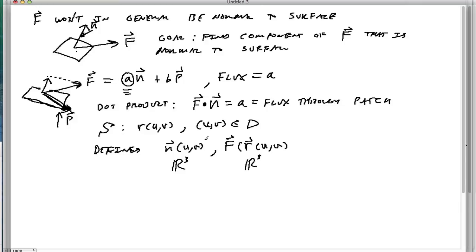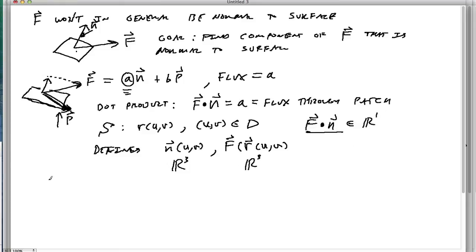But when we dot them together, F dot N, this will be a one-dimensional function. Now we have a function in just 1D, right?